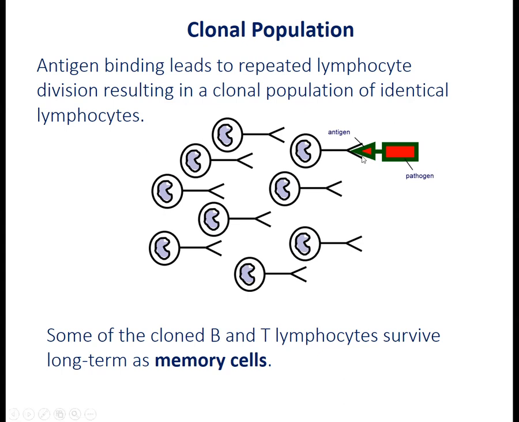So the pathogen will enter the body, you'll have an infection, the clonal population will take place, and some of these will be memory cells, and they will stay in your body for years, potentially, waiting just in case the same pathogen with the same antigen ever comes into your body again.